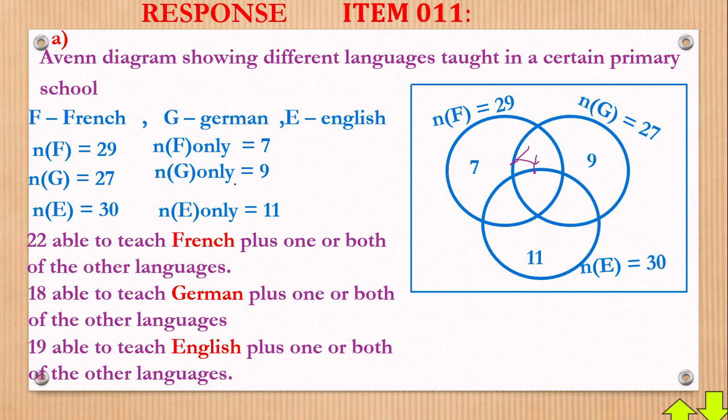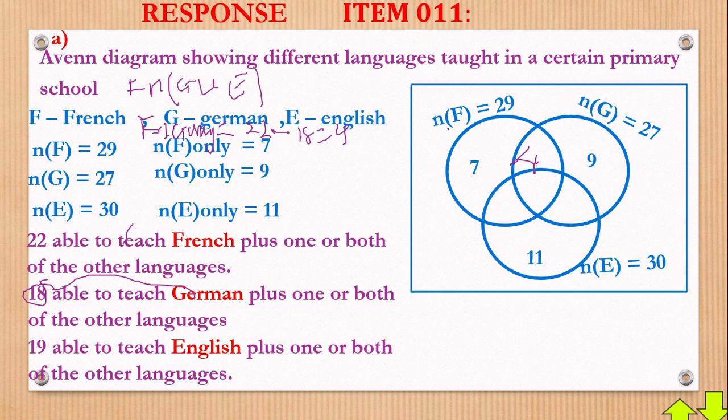Remember originally from this it was f intersection, okay, g union e. Now I told you that from this we get f intersection g only, and that will be the f, which is 22, minus what you have for Germany, which is 18 right here. That gave us a 4.